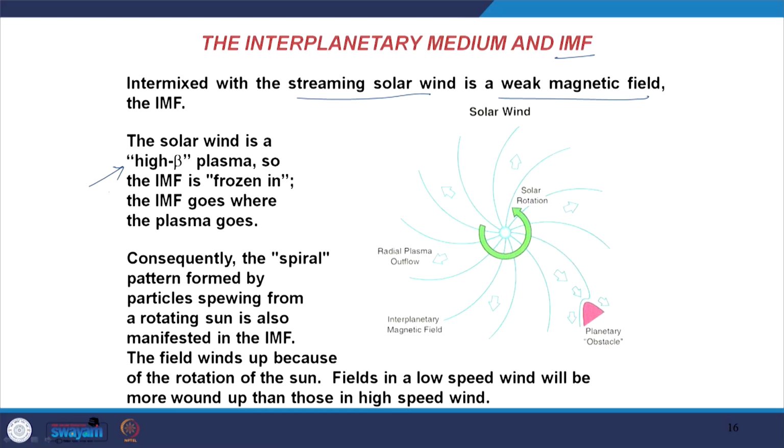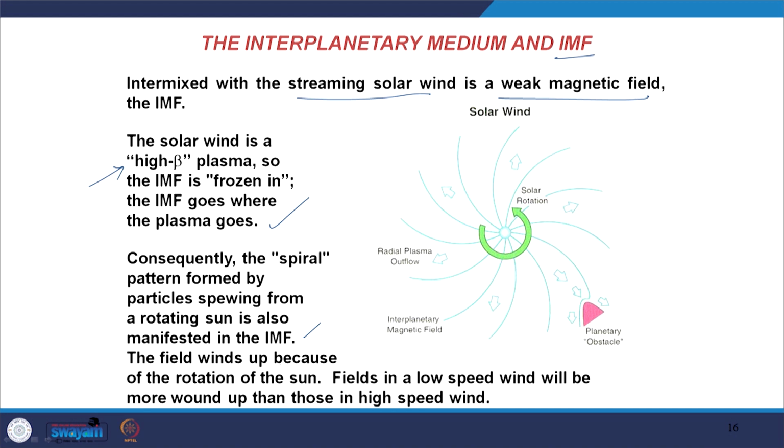So, the IMF is frozen in; the interplanetary magnetic field goes wherever the plasma goes. Consequently, the spiral pattern formed by the particles originating from the rotating sun is also manifested in the IMF. This is the most important thing. Wherever you see IMF, you have a spiral pattern associated with it.